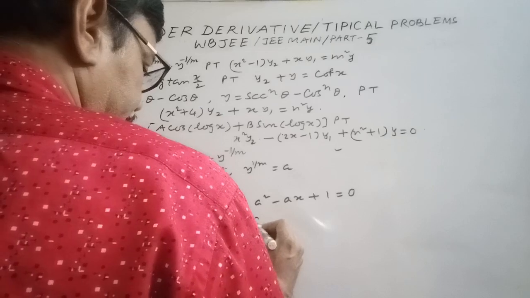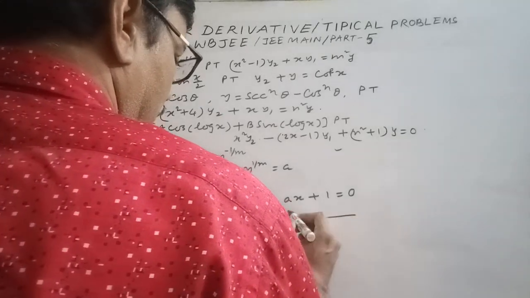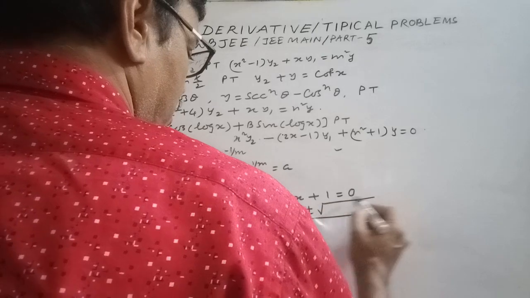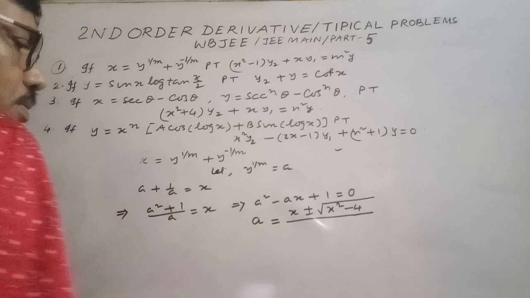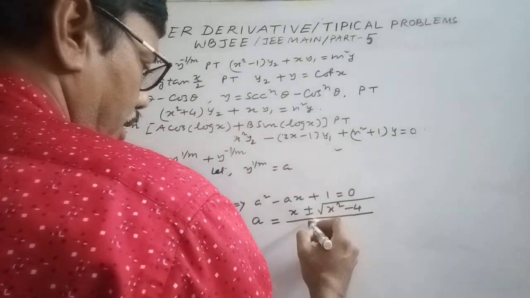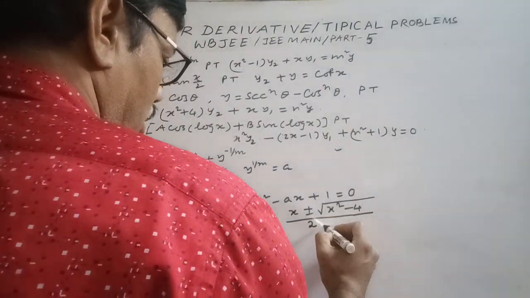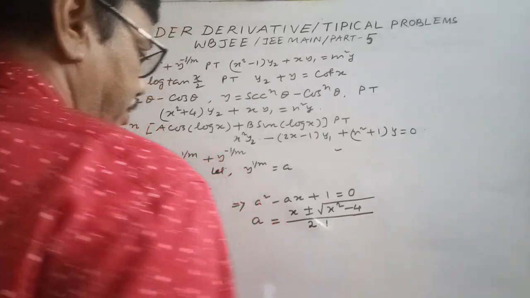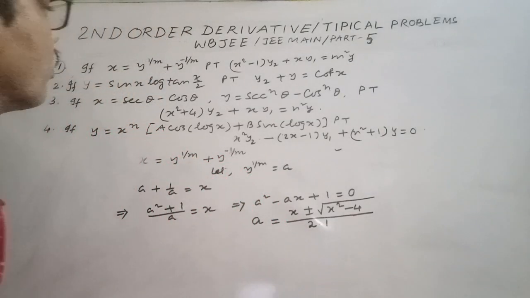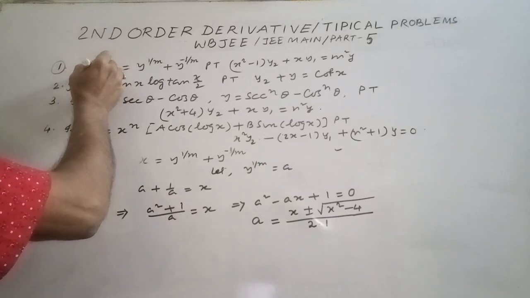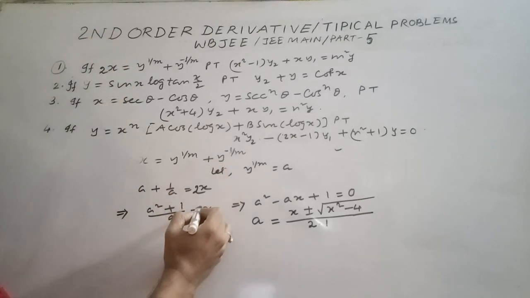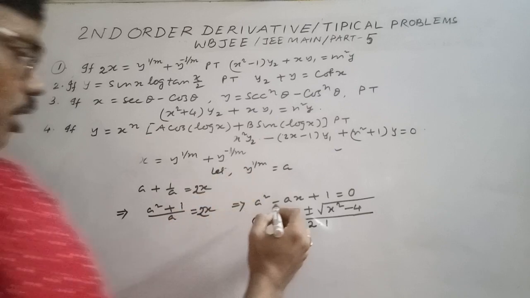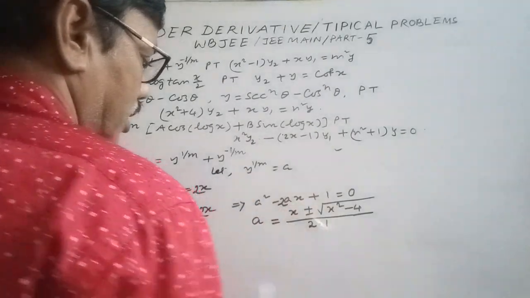So we are getting a quadratic equation in a. Now what is a? a equals x plus minus root over x square minus 4, by 2 into 1.